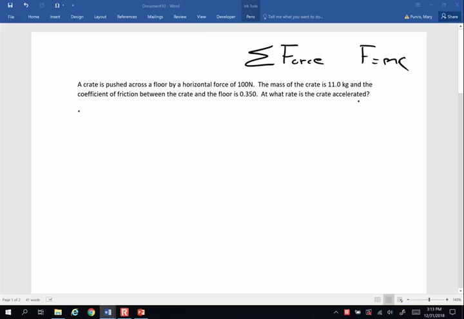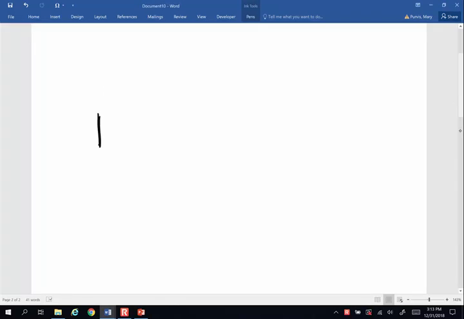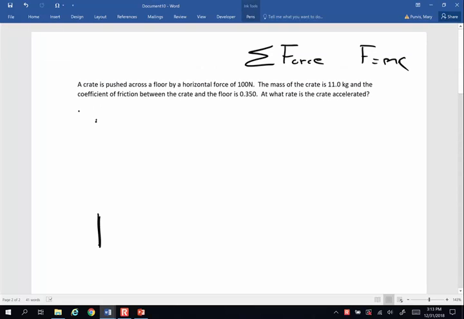First thing you do is draw your situation. Sorry about that. All right, draw our crate. Now I am going to put a dot in the center of the crate, and I'm using the dot to represent the center of mass of the crate. So we're going to have all forces acting on that spot.